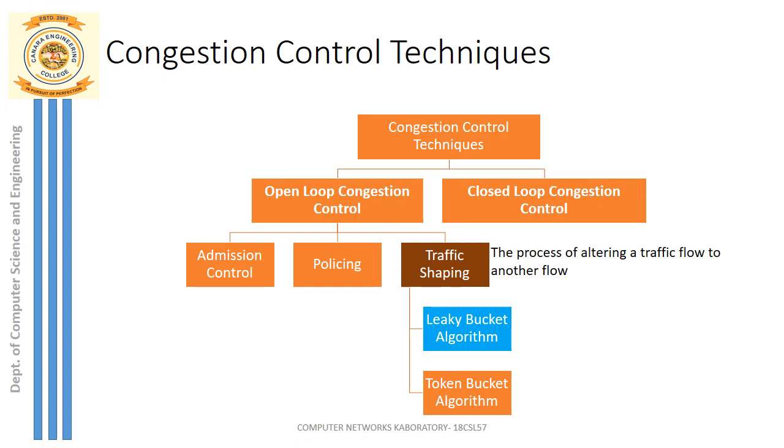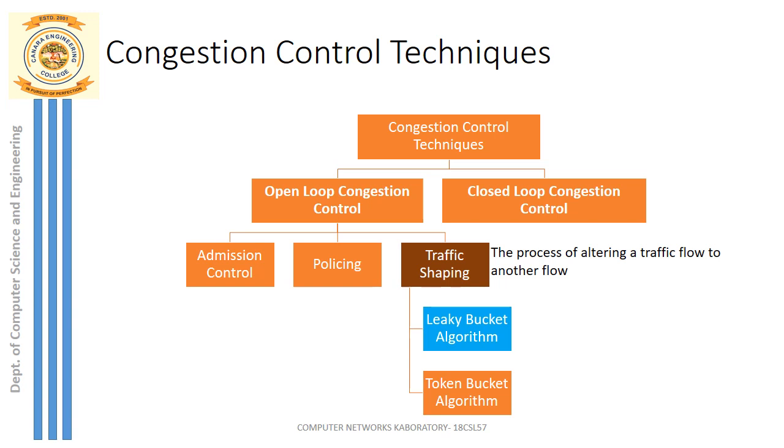We have different congestion control techniques, which are broadly classified into two types. One is called open loop congestion control, which is used mainly to prevent congestion. The second type is closed loop congestion control.